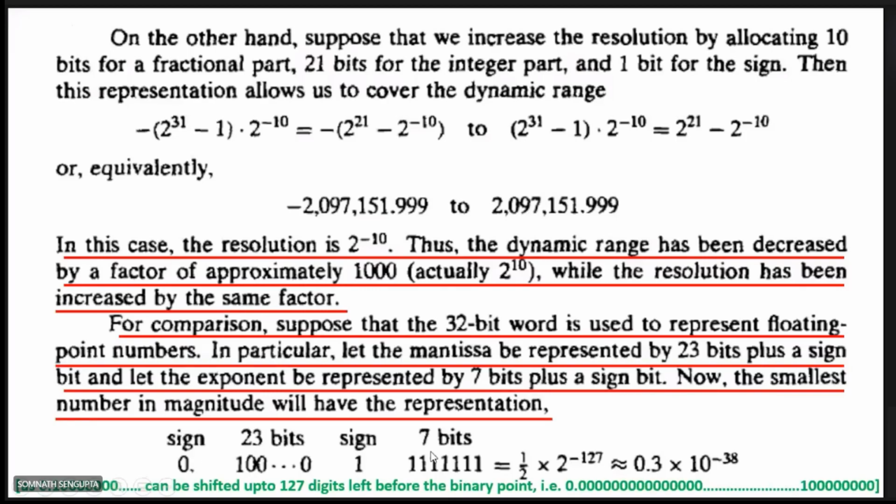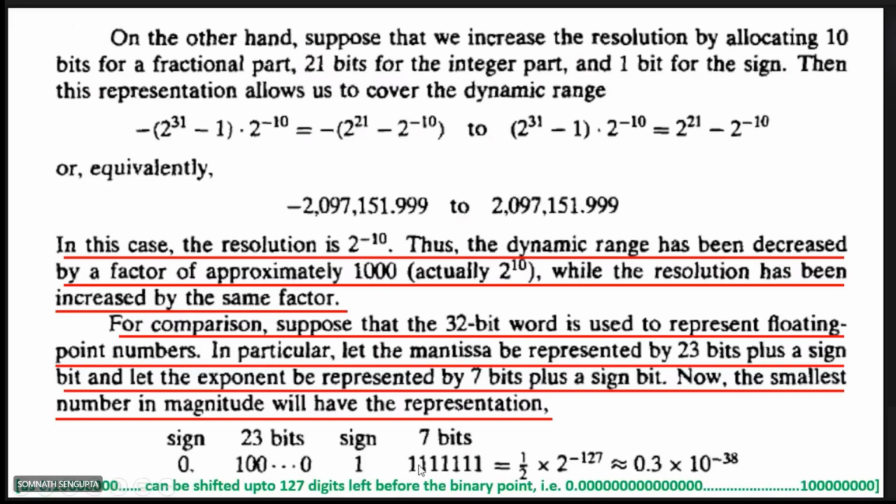and we have to use the 32-bit system, we use 7 bits in the exponent. So 7 bits in the exponent means 2 to the power 7 minus 1. This will be 127.